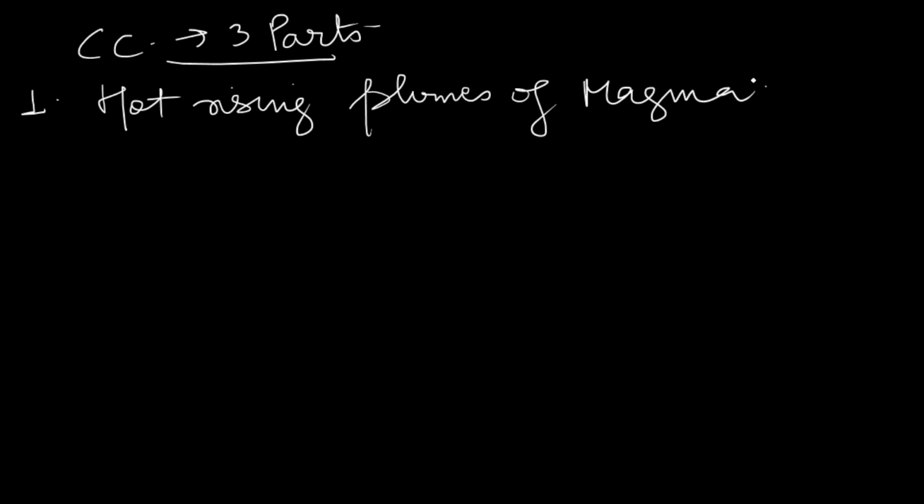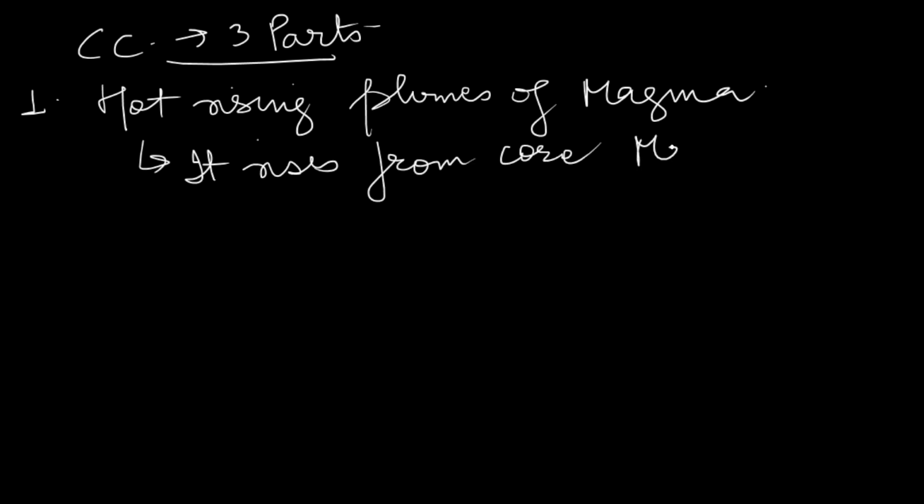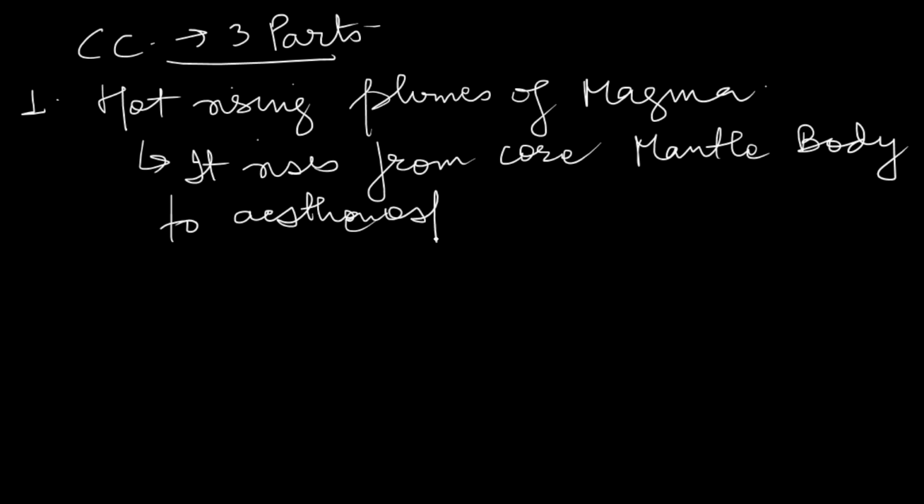It rises from the core mantle boundary to the asthenosphere. Just right now we will explain after writing with the help of a diagram, then you will be able to understand all these things. So the hot rising plumes of magma rise from the core mantle boundary to the asthenosphere.